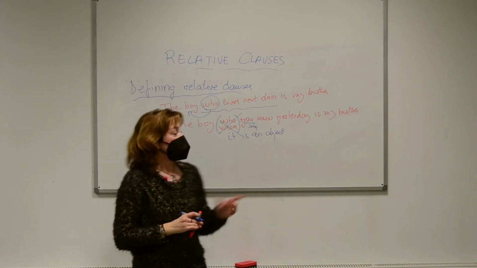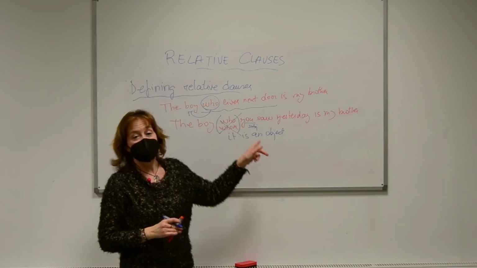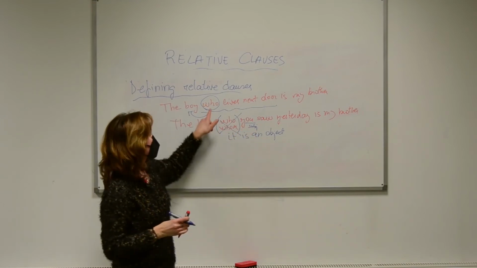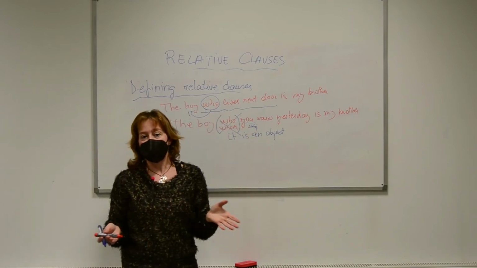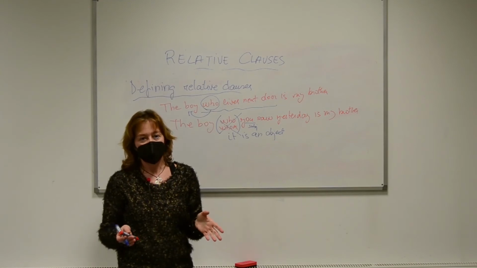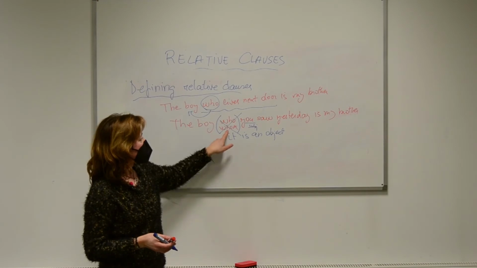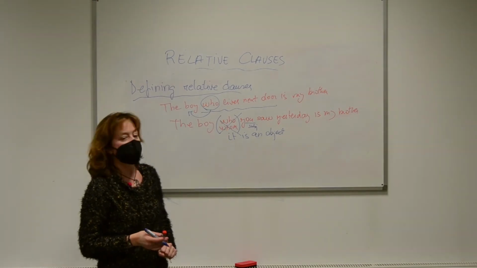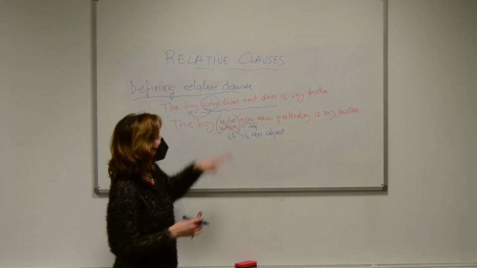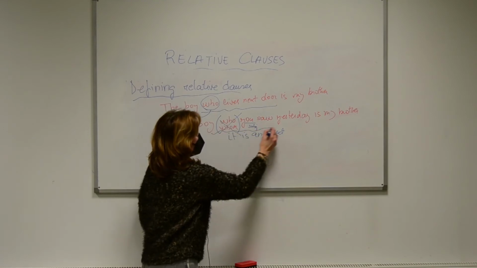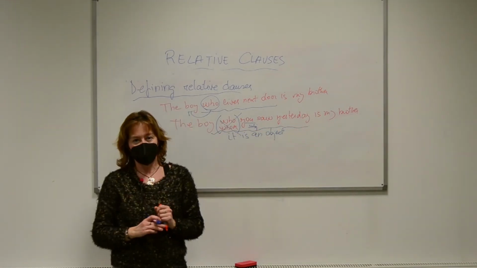Most clearly, when the relative pronoun is followed by a subject, it can be omitted. When the relative pronoun is followed by a verb, it cannot be omitted. In this case, this relative pronoun is a subject, and in this case, this relative pronoun is an object, in the subordinate clause.